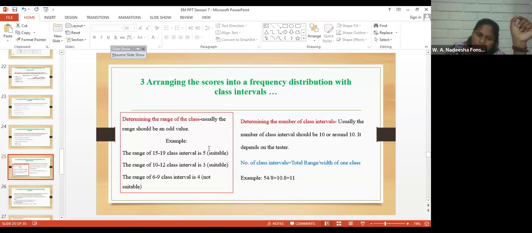So the range is 5 here, that is okay. In the interval 10 to 12, 12 minus 10, 2, 2 plus 1, 3. That is also okay.